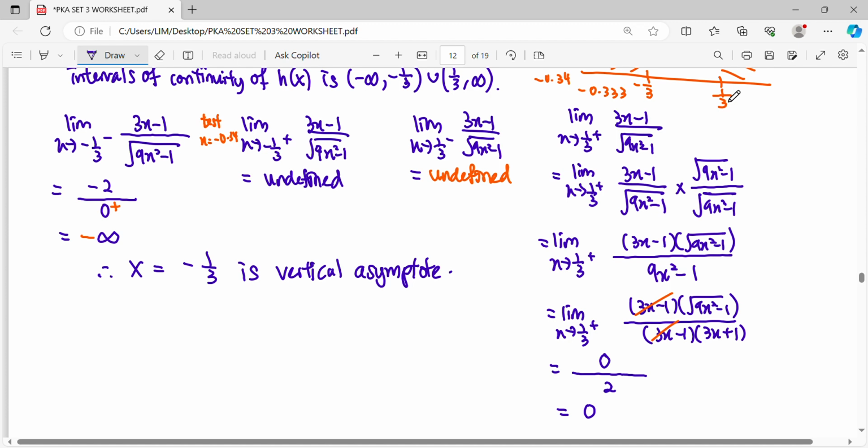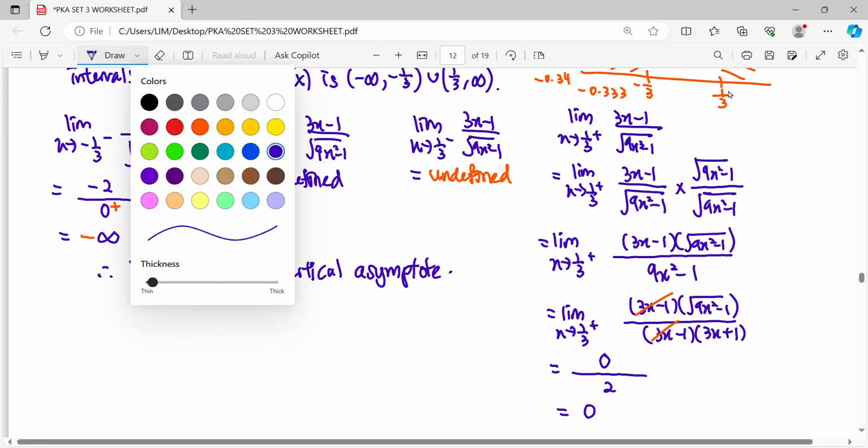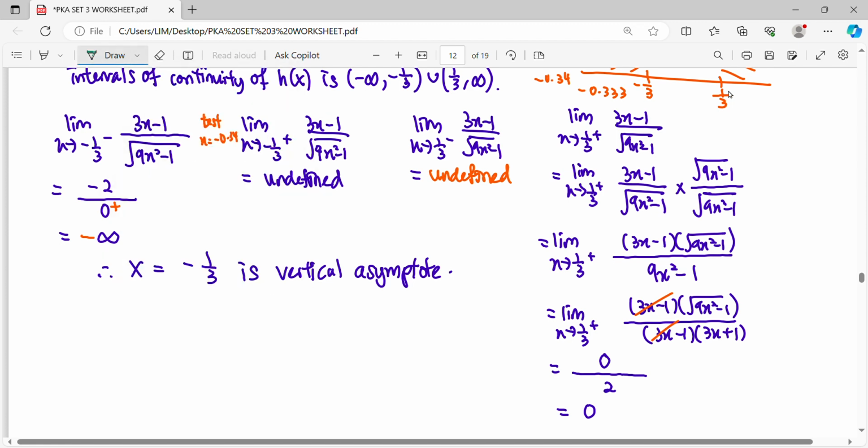Alright. Okay, so proceed. Another asymptote. Horizontal asymptote. How do we find our horizontal asymptote? We need to calculate the limit as x approaches negative infinity and the limit as x approaches positive infinity for the function. So as we put in infinity, this is IDF, right?